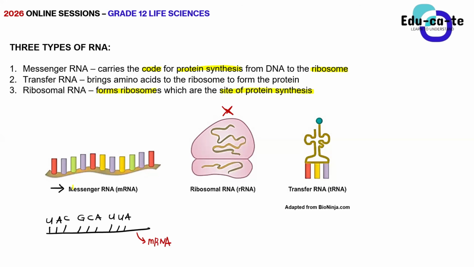But the messenger RNA, the term messenger here, means that it carries the code for protein synthesis. Remember, when we gave the functions of DNA, we said that one of the functions is that DNA contains the code for protein synthesis. Do you remember us saying that? We said last time that DNA carries the code for protein synthesis.